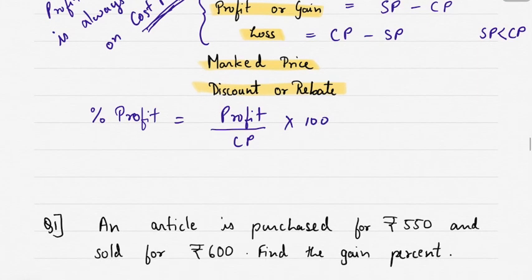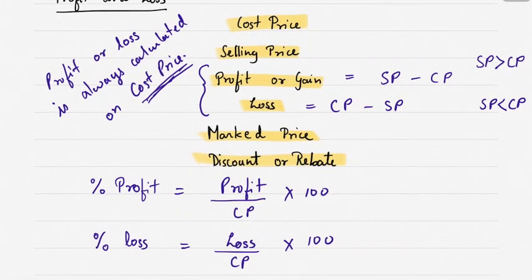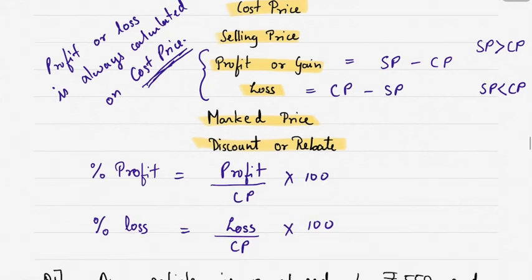And percentage of loss would be loss upon cost price into 100. So these are the important formulas you have to keep in mind so that you can solve further questions.